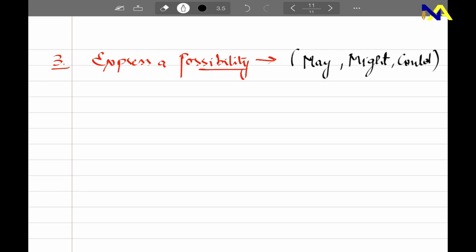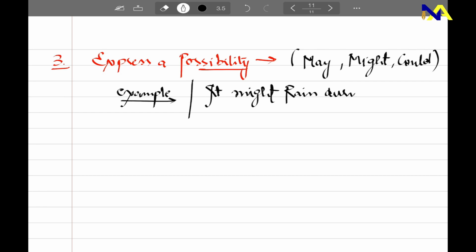For example, we can say that it might rain during the night.